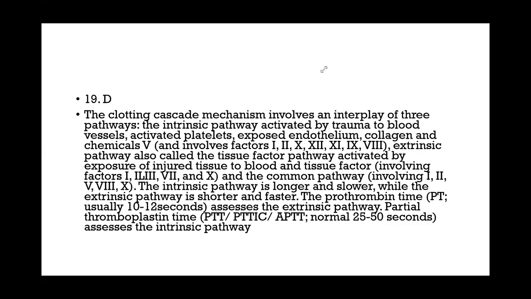The clotting cascade mechanism involves an interplay of three pathways. The intrinsic pathway is activated by trauma to blood vessels, activated platelets, exposed endothelium, collagen, and chemicals, and involves factors 12, 11, 9, 8.